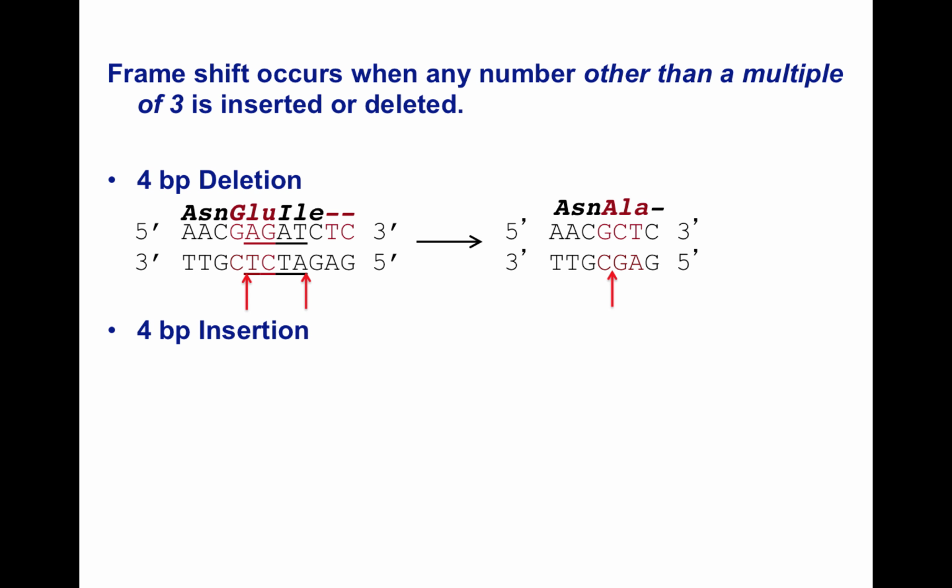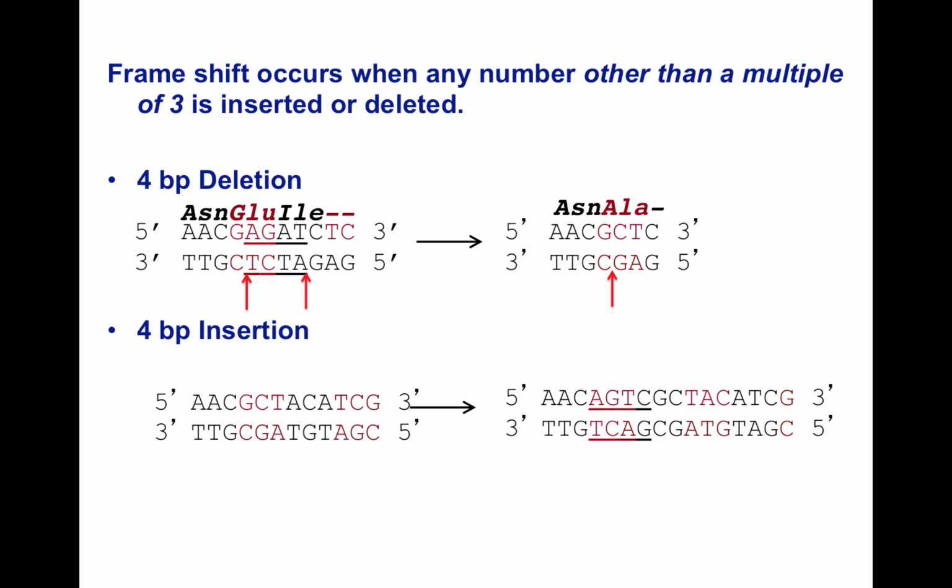What if you insert anything other than a multiple of 3? So at this point, we're going to insert some nucleotides right here between this C and this G. So we've altered this codon.